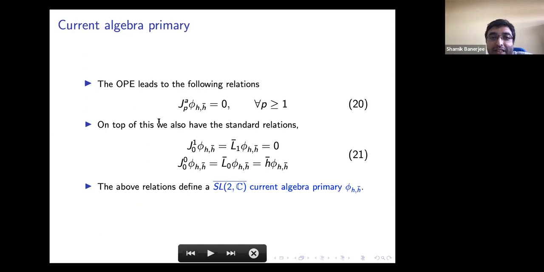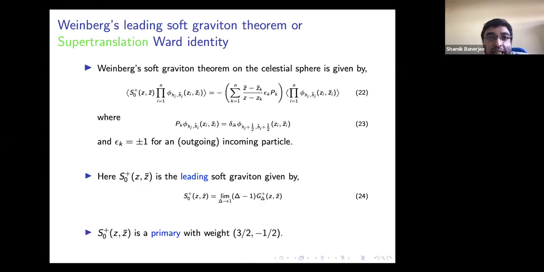Okay, so now these are some standard things, where you can define a primary with respect to the SL2 bar, and that has this standard definition. So I'll just skip through this. The second thing we need is Weinberg's soft graviton theorem.